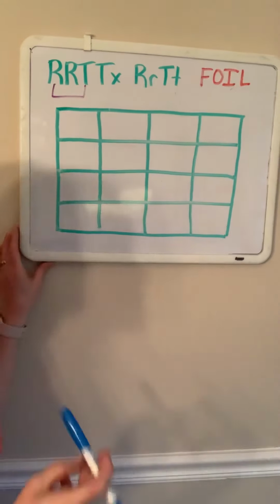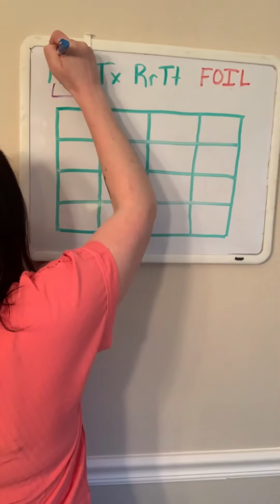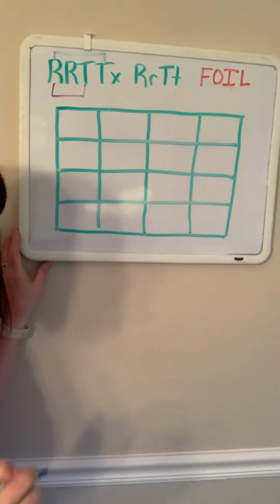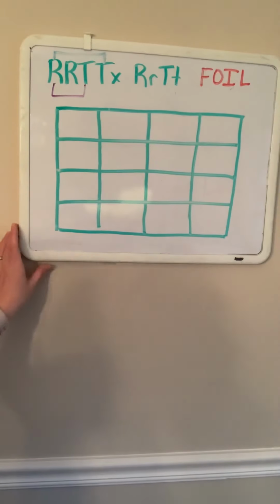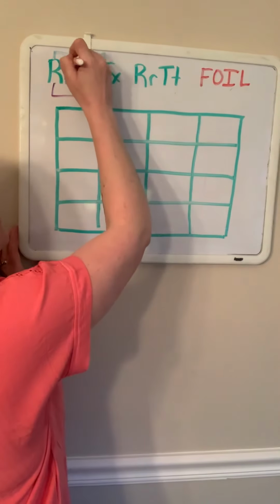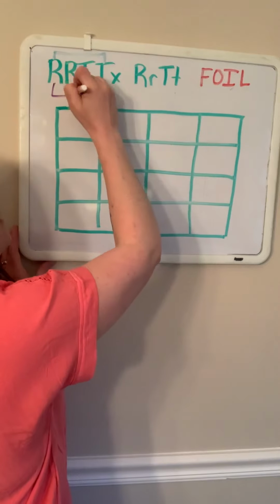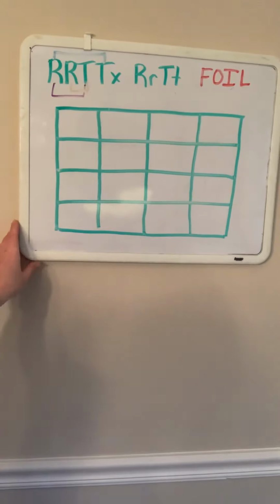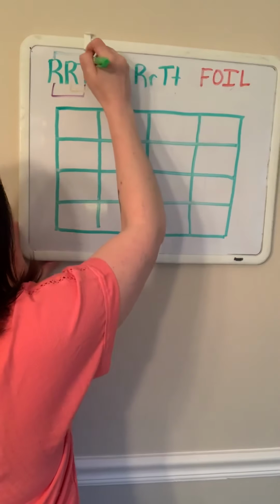Your second combination of alleles is outer. The first and the last, that's your outer. Inner is these two. So that's inner. And then last.